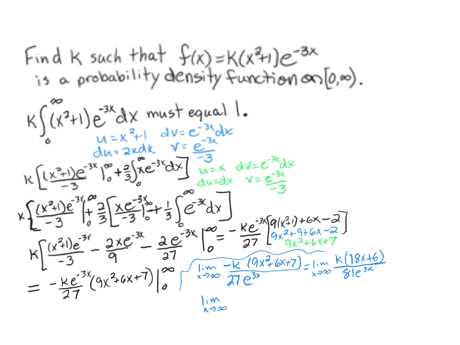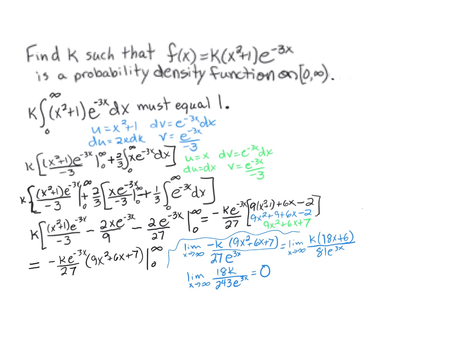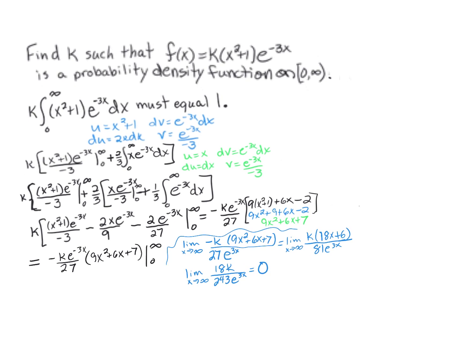Derivative of the top gives me 18k. Derivative of the bottom is going to give me 81 times 3, which is 243 e to the 3x, and that is going to be a constant over infinity, which gives me 0. Pretty simple. It just takes a lot of time and writing.